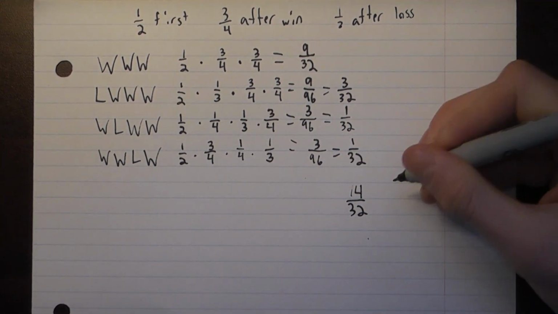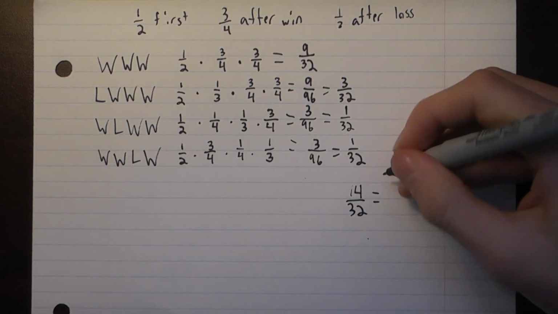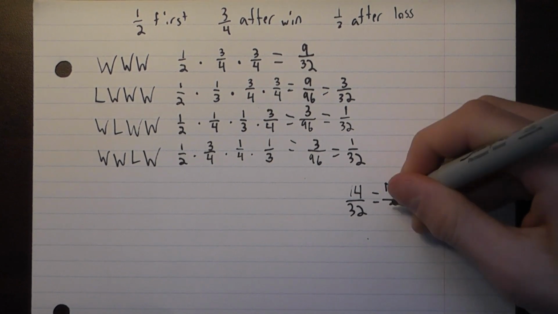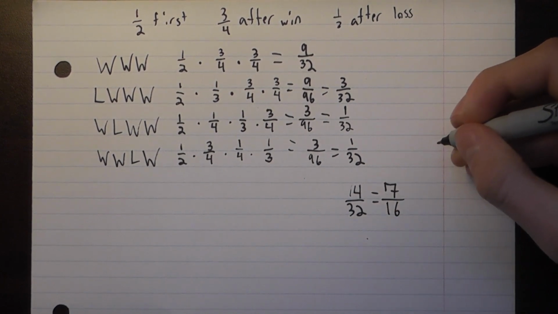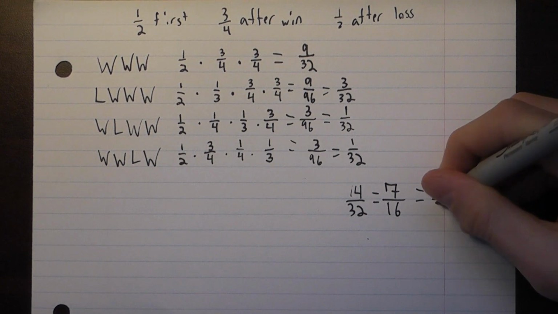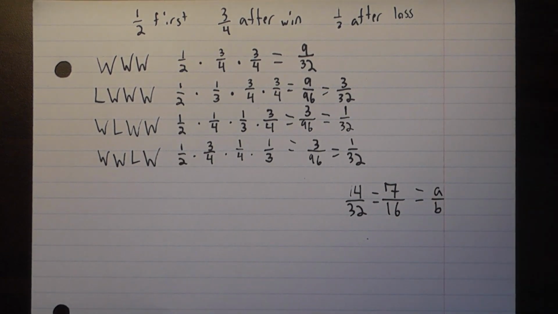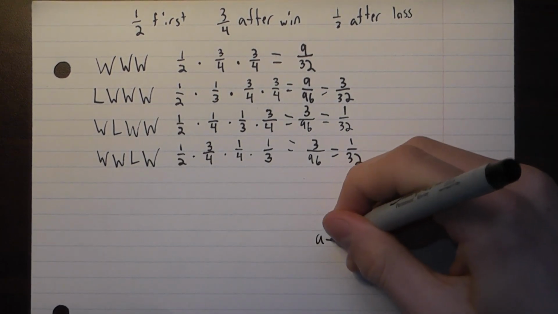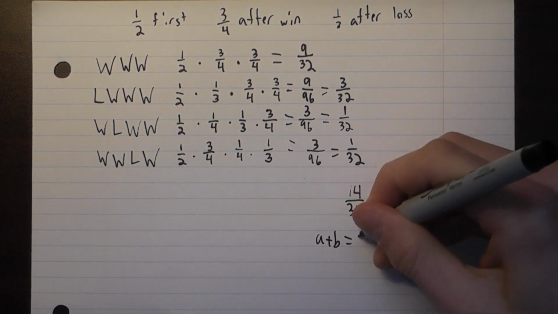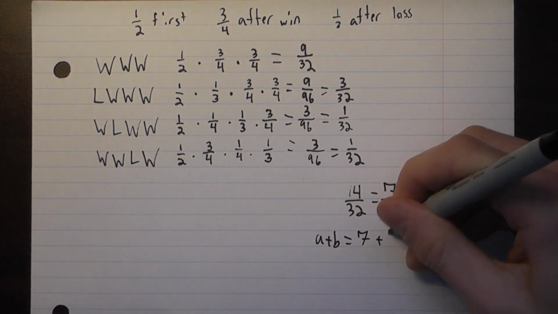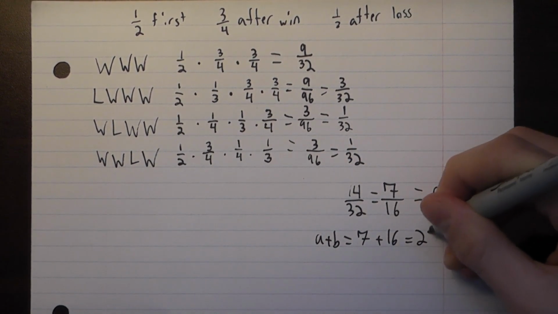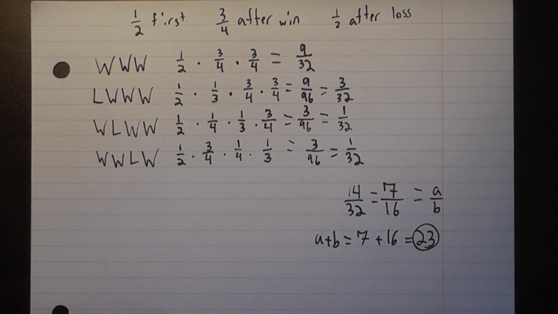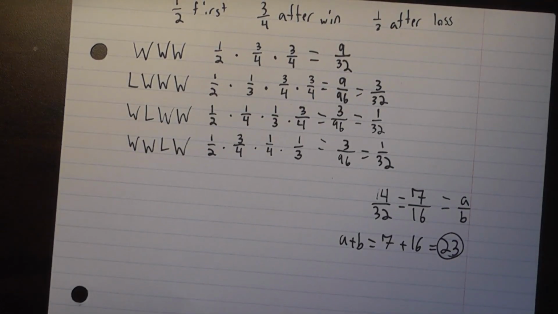And since it's supposed to be in simplest terms, we can divide them by 2 and get 7/16. So that is A over B, and since we need A plus B, it equals 7 plus 16 equals 23. And that is the answer to question 24.